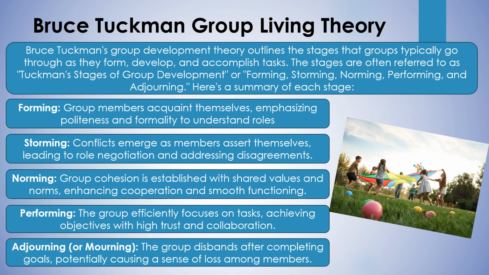The next stage was storming. Bruce identified that at this stage there would be some conflicts. There may be arguments and disagreements, but this is the stage where the group are learning to get along with each other and learning about each other. Conflicts are likely to happen. Once it's all calmed down, it moves on to the norming stage.